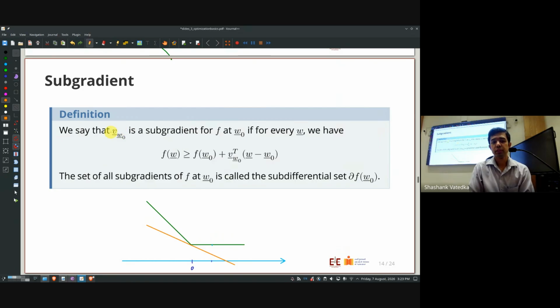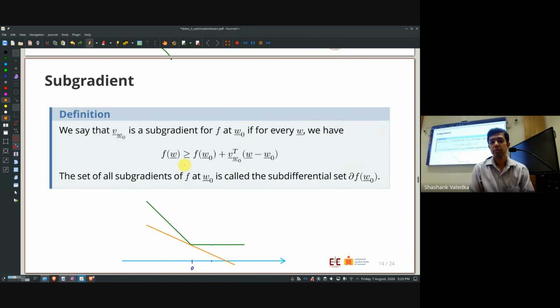So we say that a vector which is indexed by W0, let's look at a point W0 in the domain of F. We'll say that VW0 is a subgradient for F at W0 if it's possible to construct a tangent plane passing through W0, F of W0 and still lower bounds the entire function.